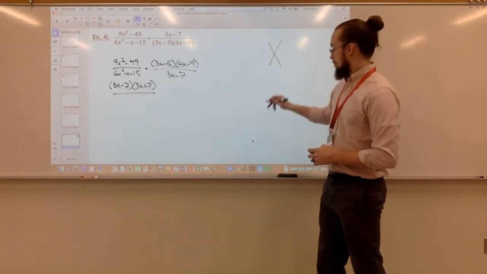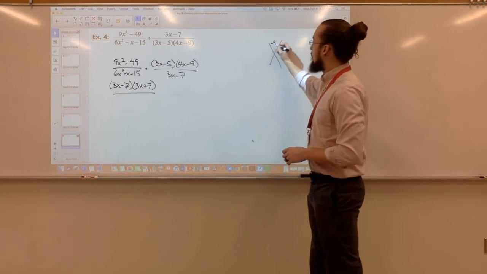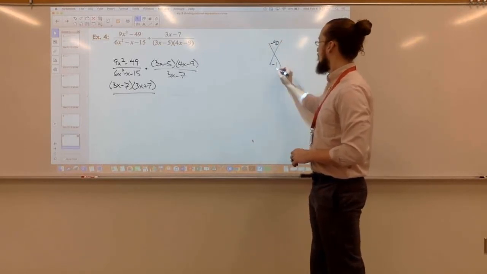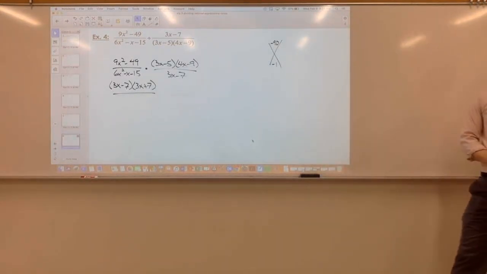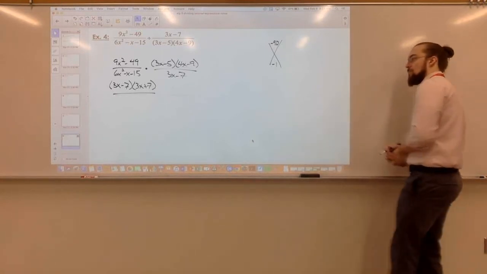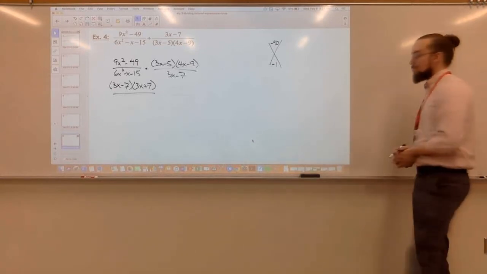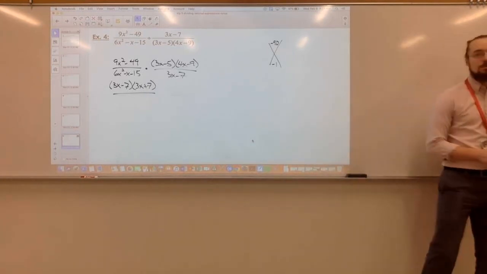So 6 times negative 15 would be negative 90, and then negative 1. So I want two numbers that multiply to negative 90 that add to negative 1. What numbers will multiply to negative 90 and add to negative 1?